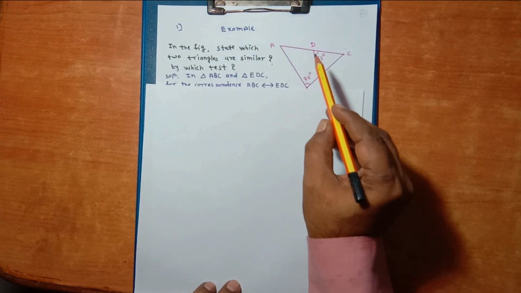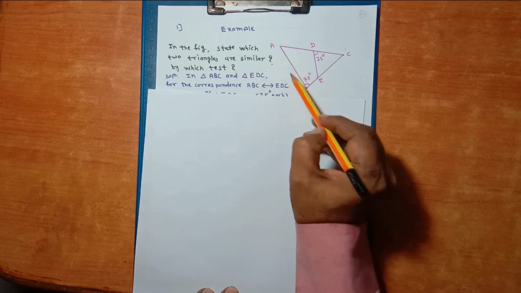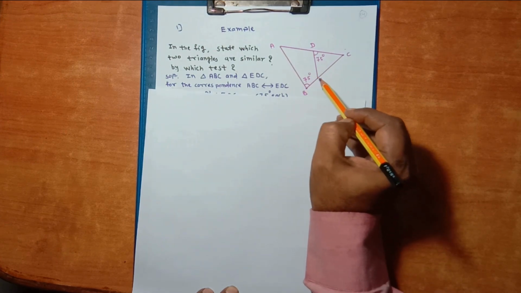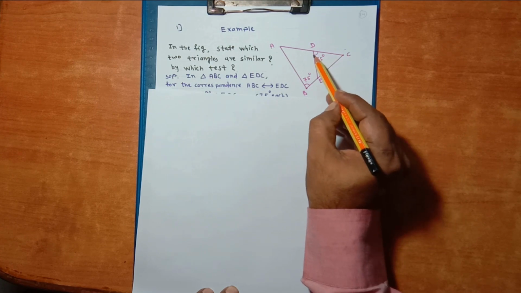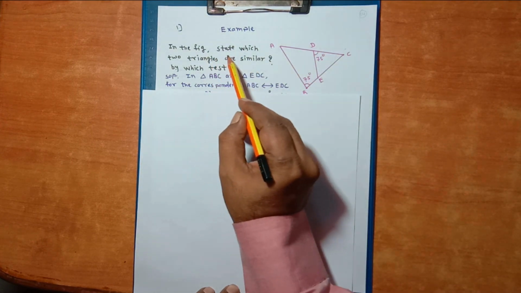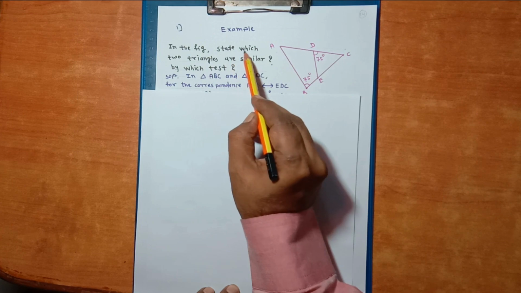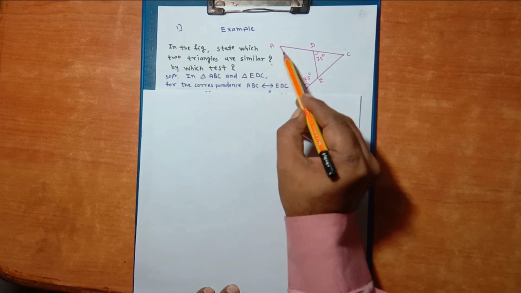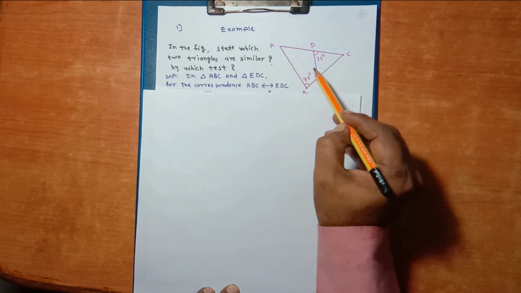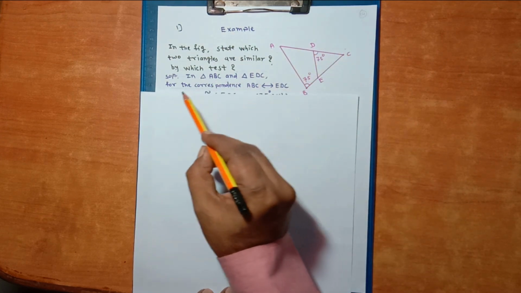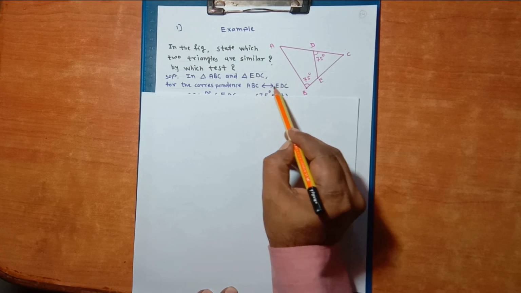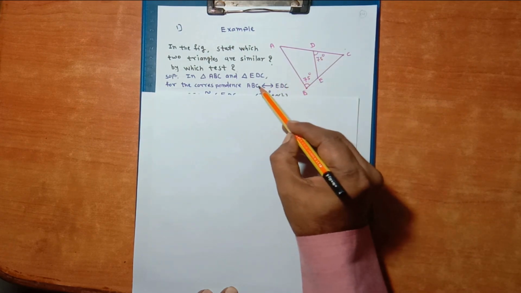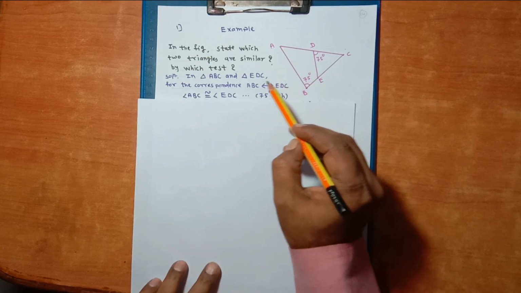In this example, in triangle ABC, measure of angle B is 75. In triangle EDC, measure of angle D is 75. And the question is, in the figure, state which two triangles are similar by which test. Now in triangle ABC and in triangle EDC, for the correspondence ABC to EDC, this correspondence is important.